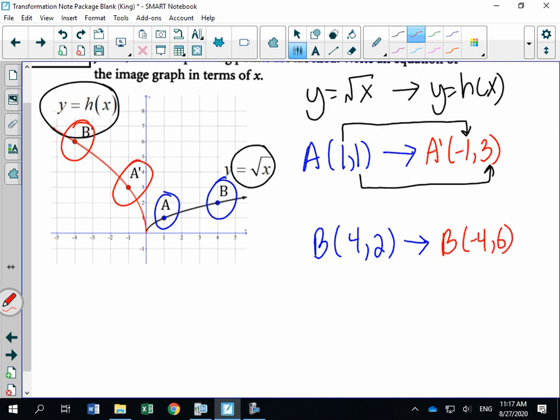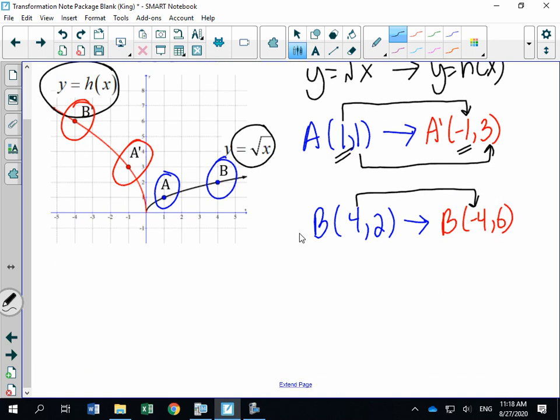So again, this x coordinate went from 1 to -1, and this x coordinate went from 4 to -4. So what do you think is happening with our x coordinates? Going from 1 to -1, 4 to -4, what would that stretch factor be?